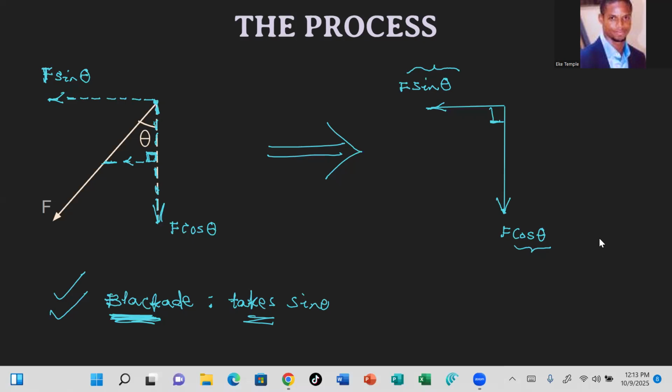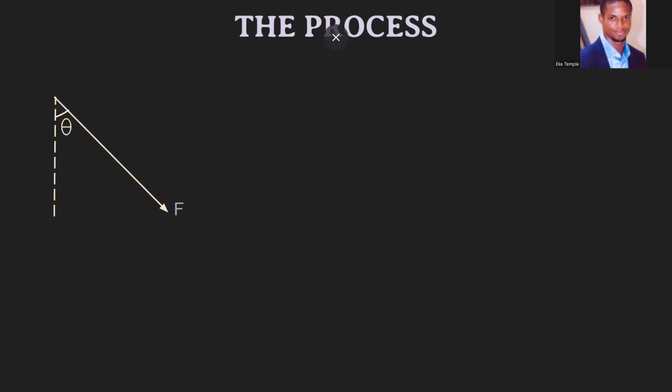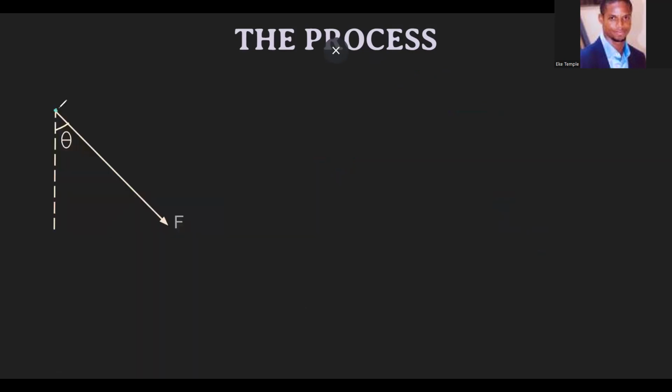Here we are. In this final case, the force F acts in the direction shown. It has its origin at that point. So we can already construct the first component.